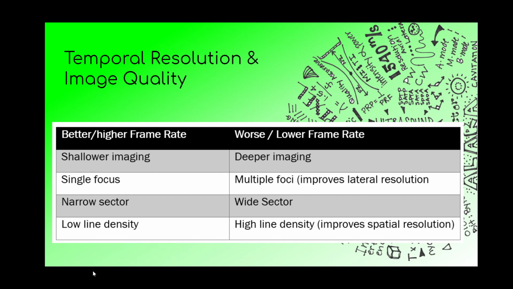So just remember that relationship: more pulses, lower frame rate; more depth, lower frame rate, because that comes back to PRP. So really read the chapter, focus on those main points, and the idea of temporal resolution. The more you play with it in real life and practice it, I think it'll all come together really nicely.